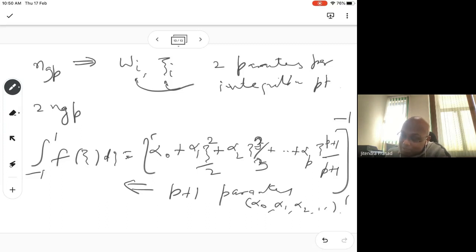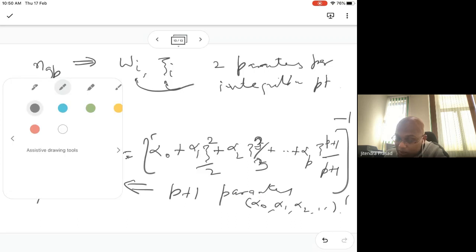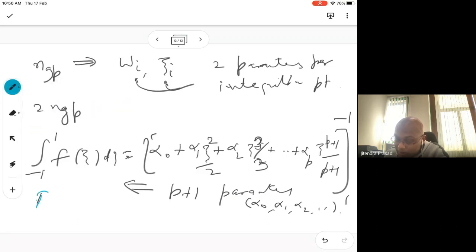So that means you have to choose the number of Gauss points in such a way that 2 NGP is bigger than this. For exact solution, 2NGP has to be greater than or equal to p plus 1.